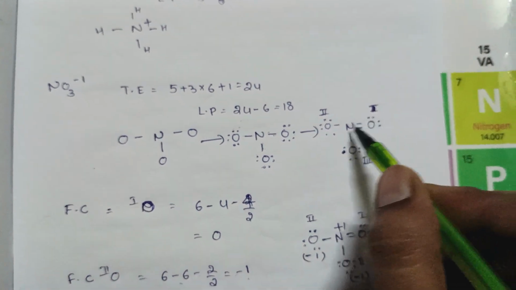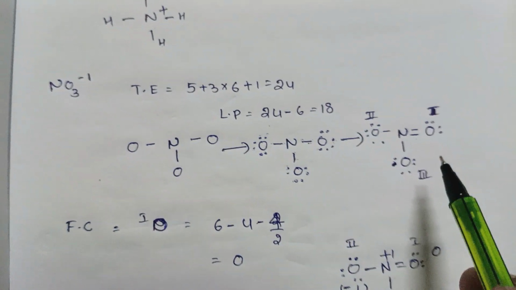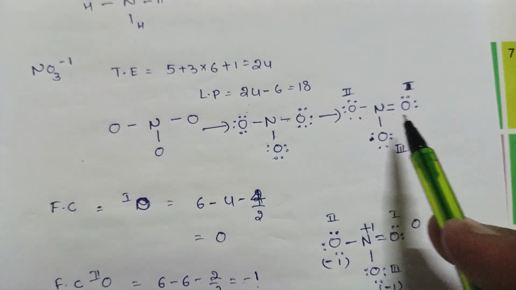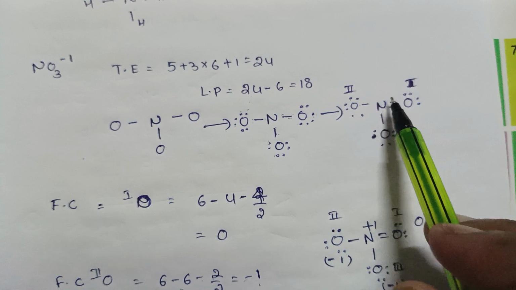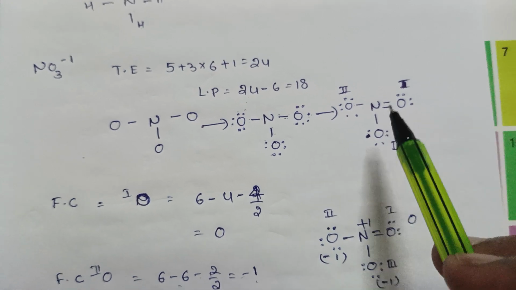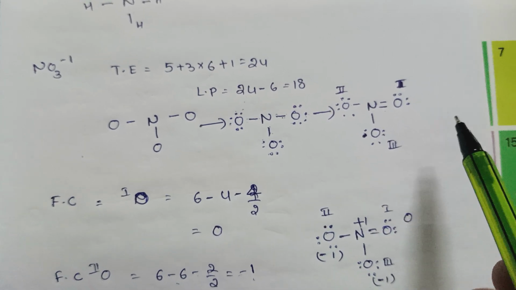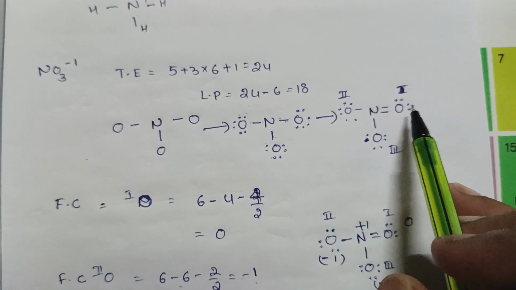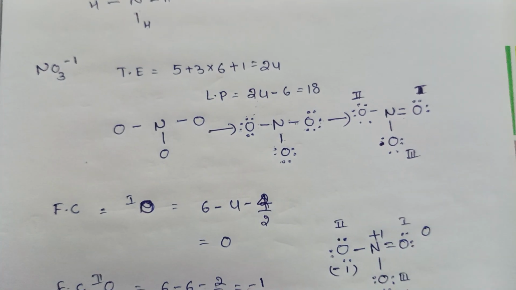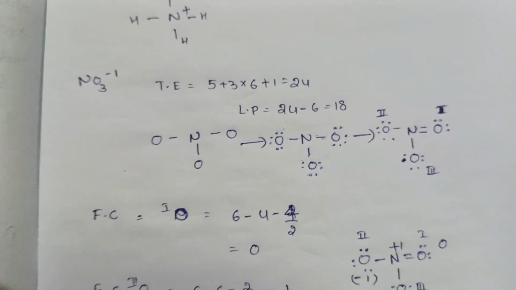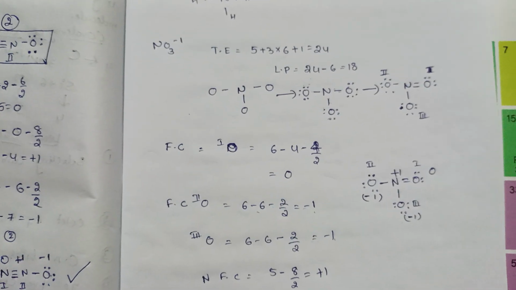If a plus 1 charge is present on the molecule, we have to write it on the central atom. If a negative charge is present, we have to put the negative charge on the corner atoms. Okay, thank you for watching.